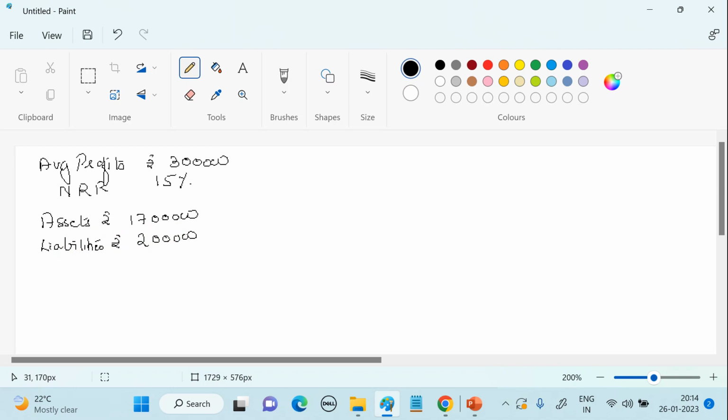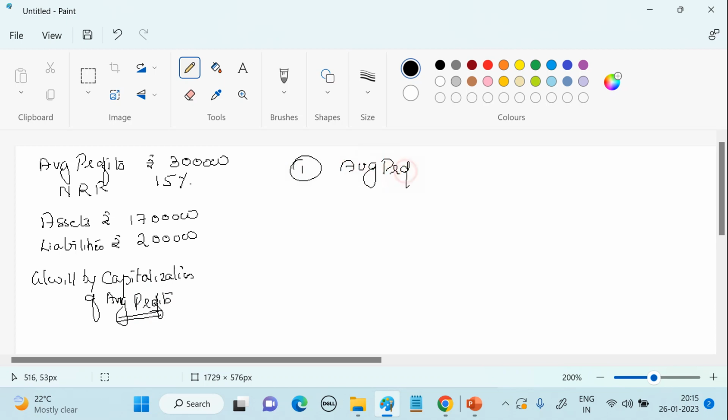So they want us to calculate goodwill by capitalization of average profits. So first thing, step 1, we have the average profits, which we already have, rupees 3 lakh, nothing to calculate.